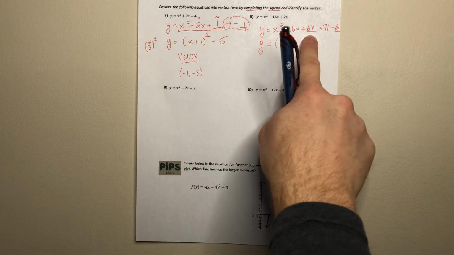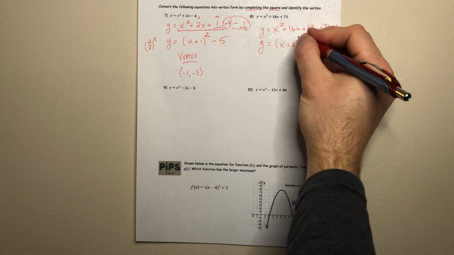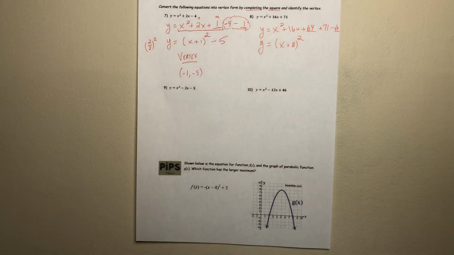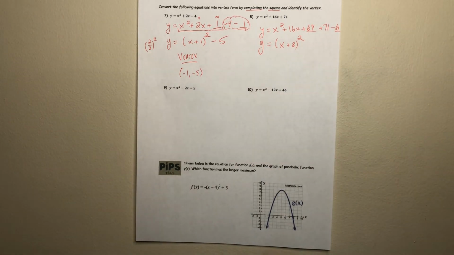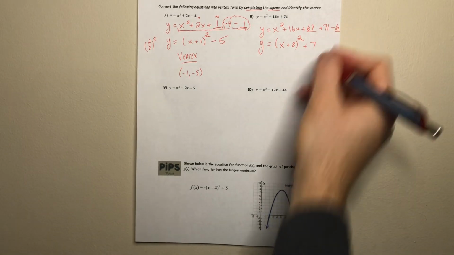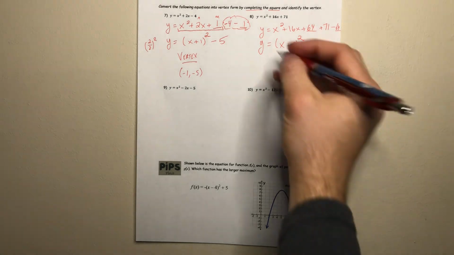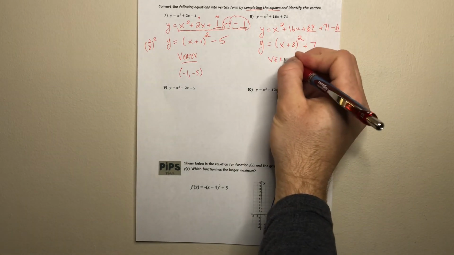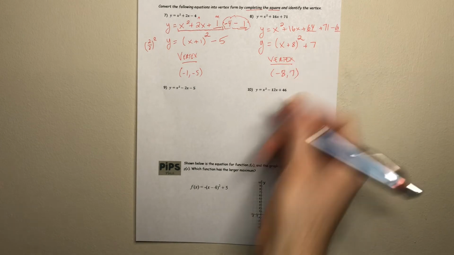What multiplies with 64 and adds to 16? 8. So x plus 8, and there's going to be 2 of them, so we square it. And then 71 take away 64 is going to be 7, so that's plus 7. So my vertex is (-8, 7).